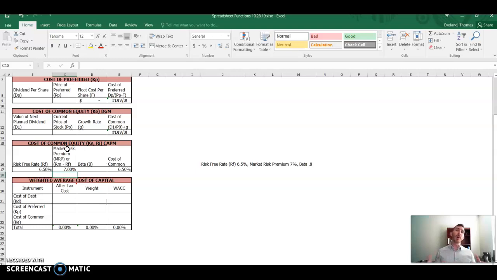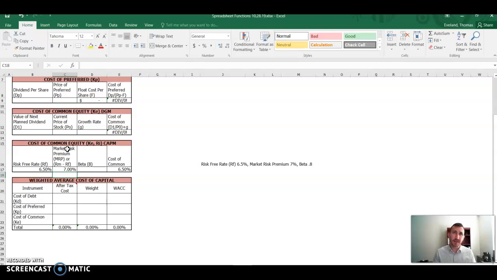So if the whole market requires 13.5% and our risk-free rate is 6.5%, that tells us that at that point in time, investors in the market of risky assets or investments are demanding at least or on average 7%.